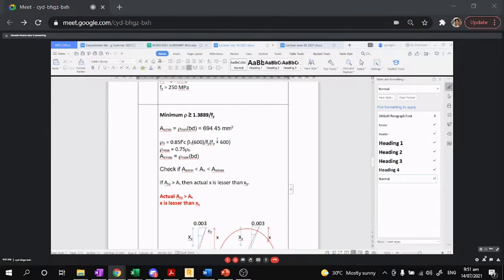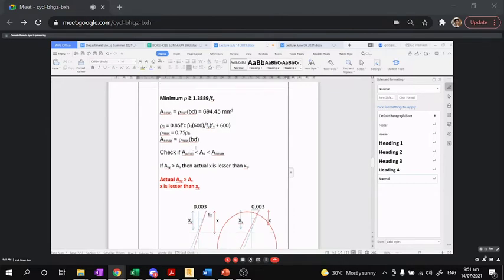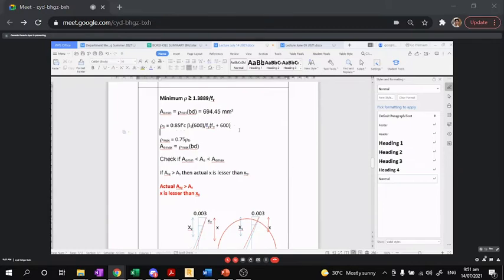Okay. So, compute the ES max now. 0.85 times 24 times 0.85 beta 1.